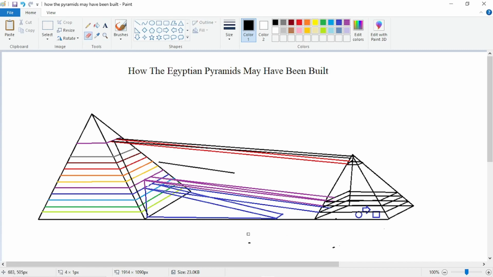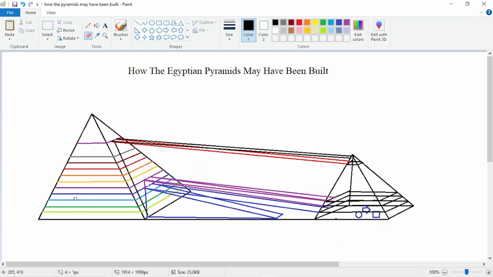But anyway, they made like three of them real close to each other, and they actually look like stars in the belt of Orion, from what I recall. So anyway, that's my idea.